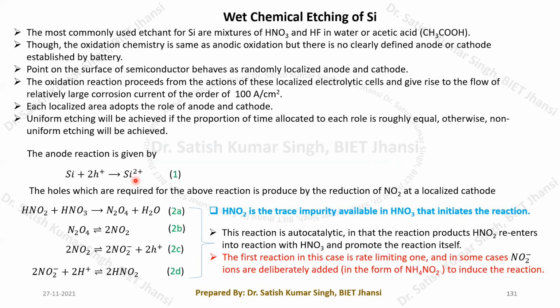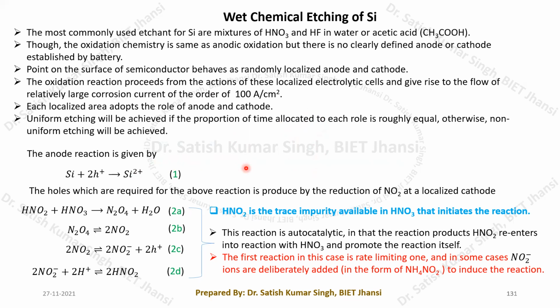If you see in the previous case, we had the power supply, the battery, and that battery was supplying these holes. This positive charge was supplied by the holes, and then those holes went to the surface. But in this case, as I said, we don't have any battery.